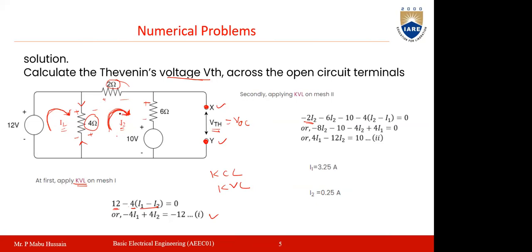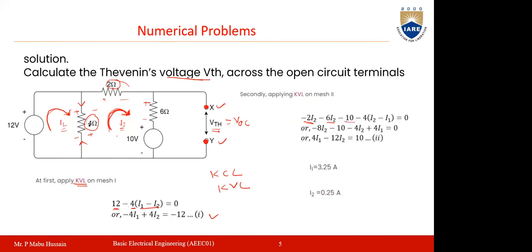So the sign will be negative for all the elements. So voltage across 2 ohms will be minus I2 into 2 ohms. And voltage across this 6 ohms will be minus 6 into I2. And for the voltage source also, it is going from plus to minus only. So you will get minus 10.